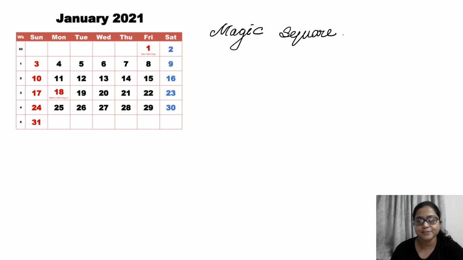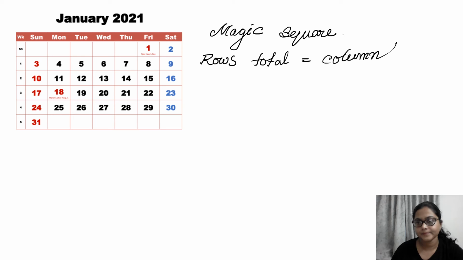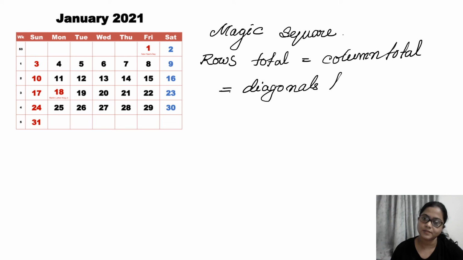Here, in this square, we get rows total equals columns total equals diagonals total. We can consider this magic square from the calendar.